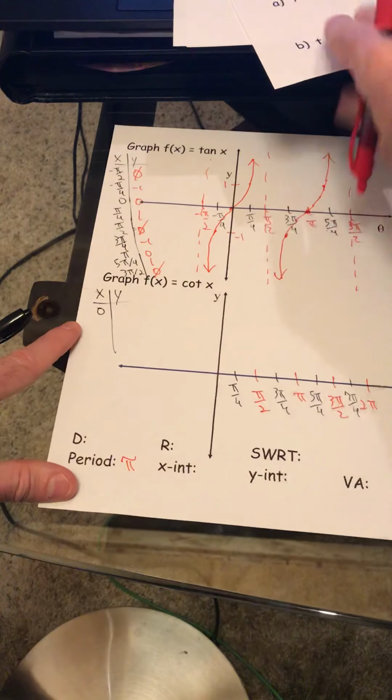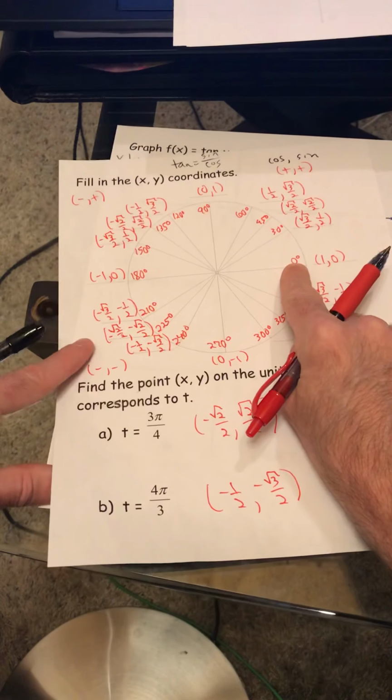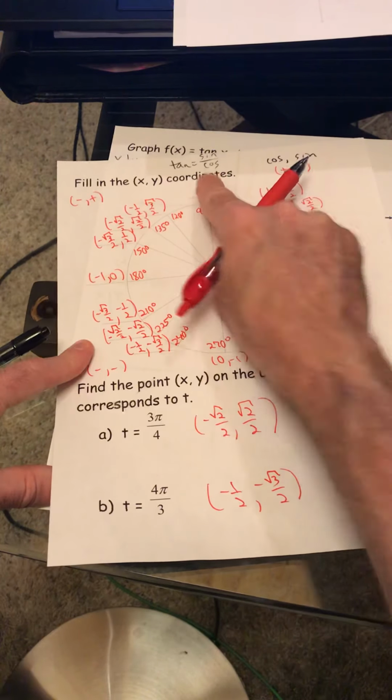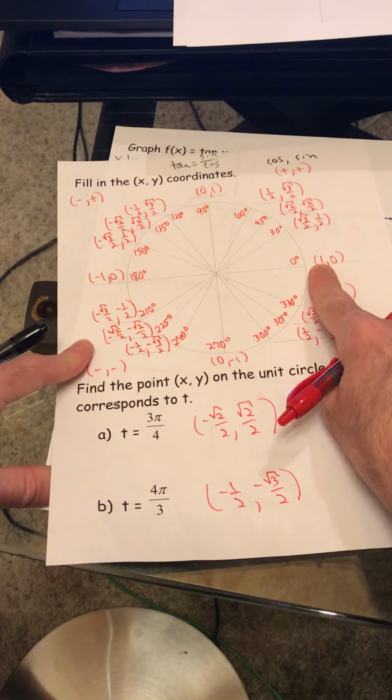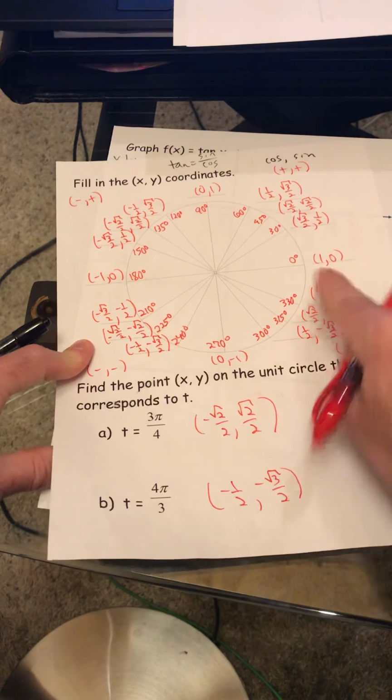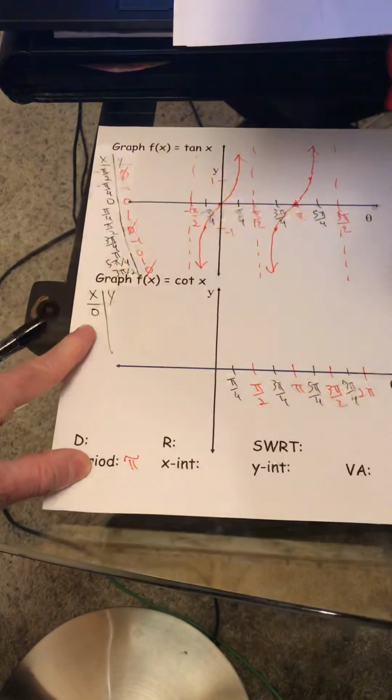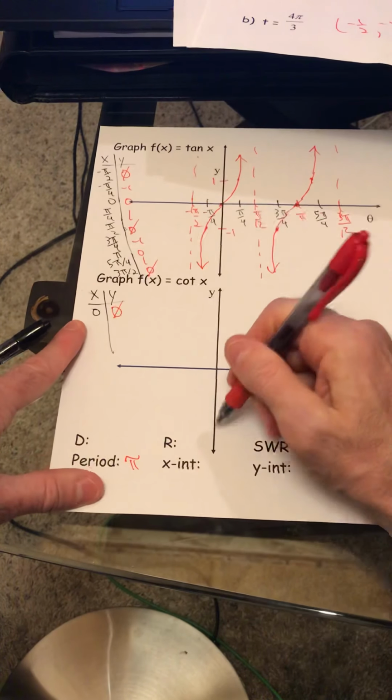Now, at 0, tangent's y over x, cotangent is x over y. So there it's your first asymptote.